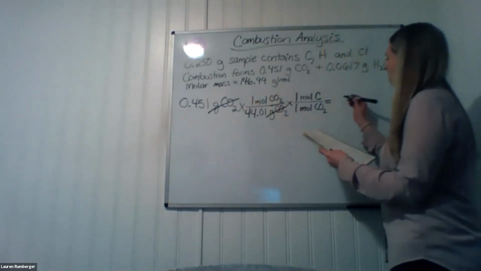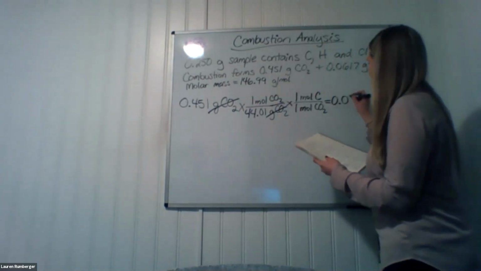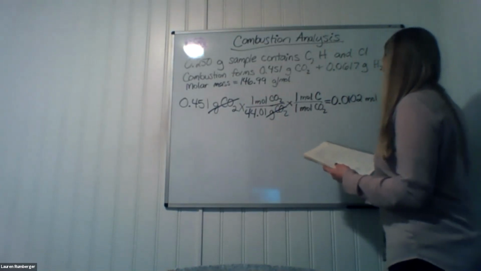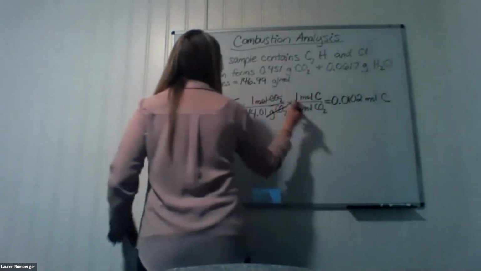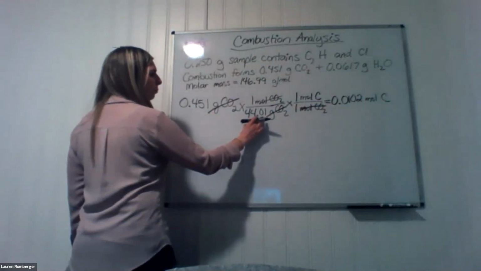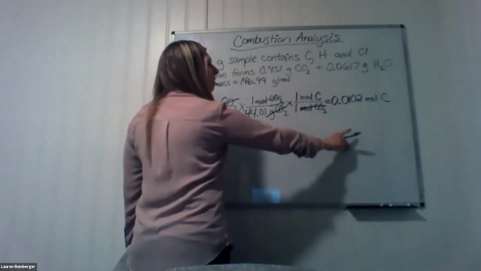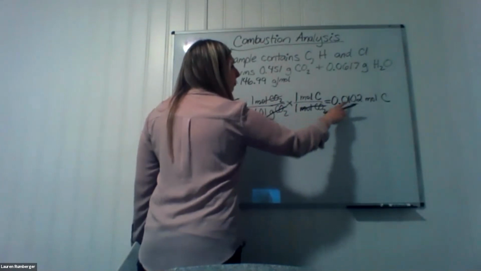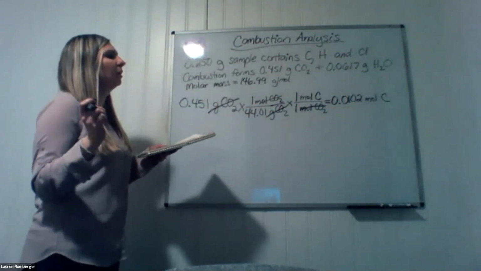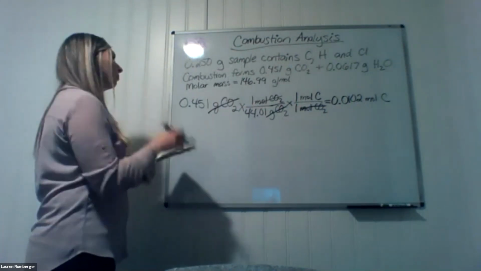So what I see here is 0.0102 moles of carbon when you go through your calculation here. Dividing 0.451 by 44.01, and then of course this is 1 to 1, you would just get 0.0102 moles of carbon.